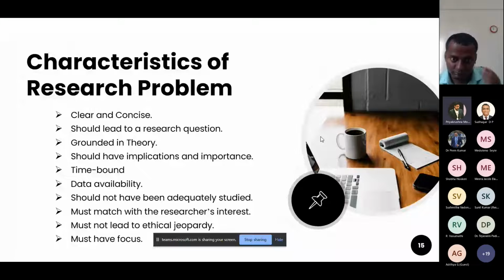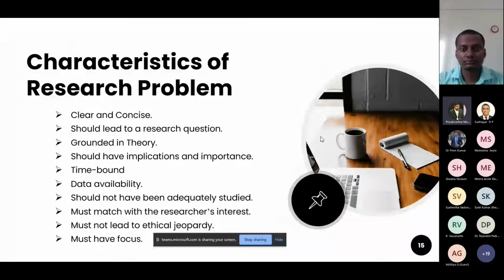Here you see the problem is so concise: you are studying nothing but the impact of COVID-19 on a particular community of people residing in a particular village. So you can see that the problem is very clear and very concise. Apart from clarity, there has to be conciseness, which means you can tell it in a very brief statement.